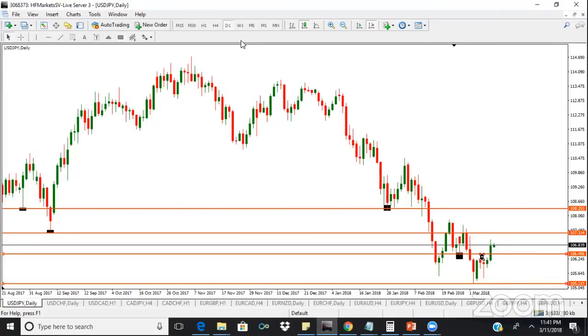So this is USD JPY. USD JPY is the first pair that we're analyzing. The next support and resistance you have is here.